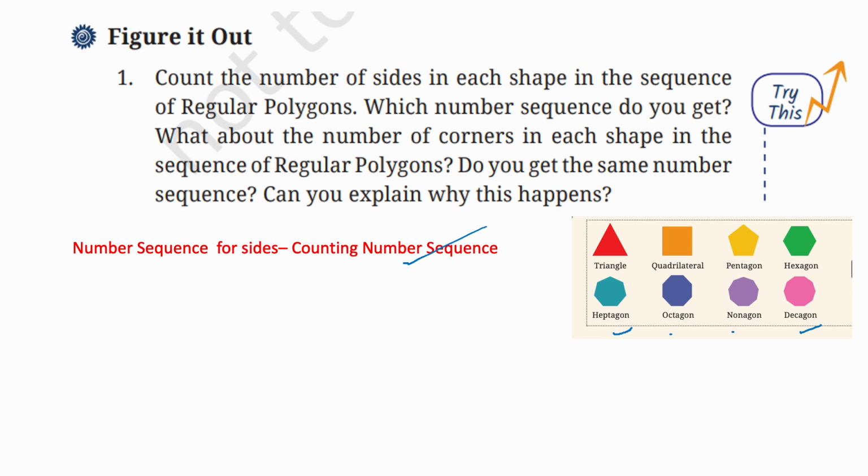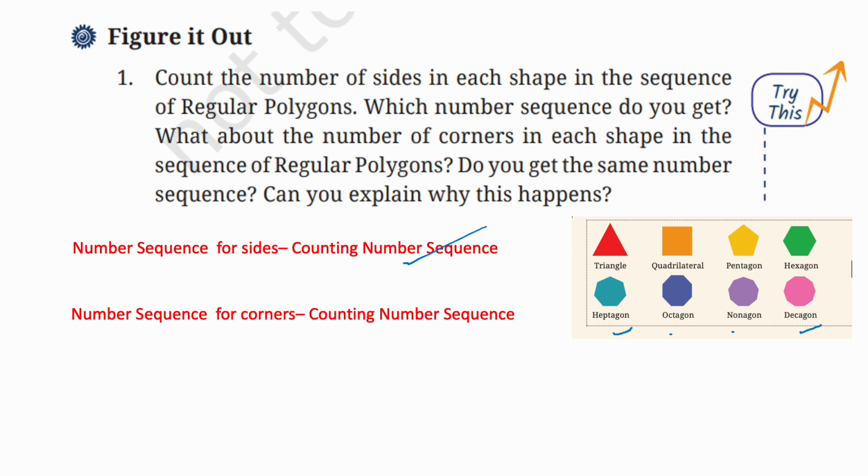So what about the sequence? 3, 4, 5, 6, 7, 8, 9, 10. Same sequence. So the number sequence for corners is also the counting number sequence. For sides and for corners, you got the same number sequence.